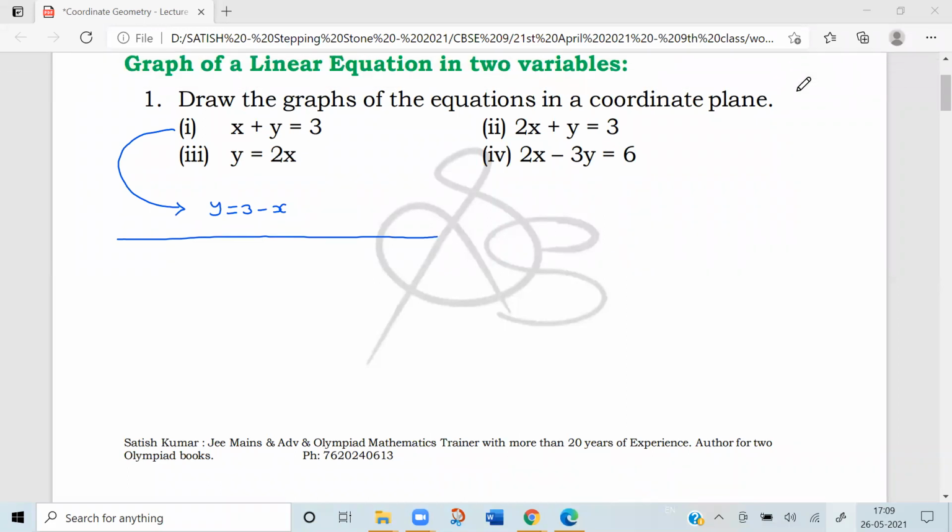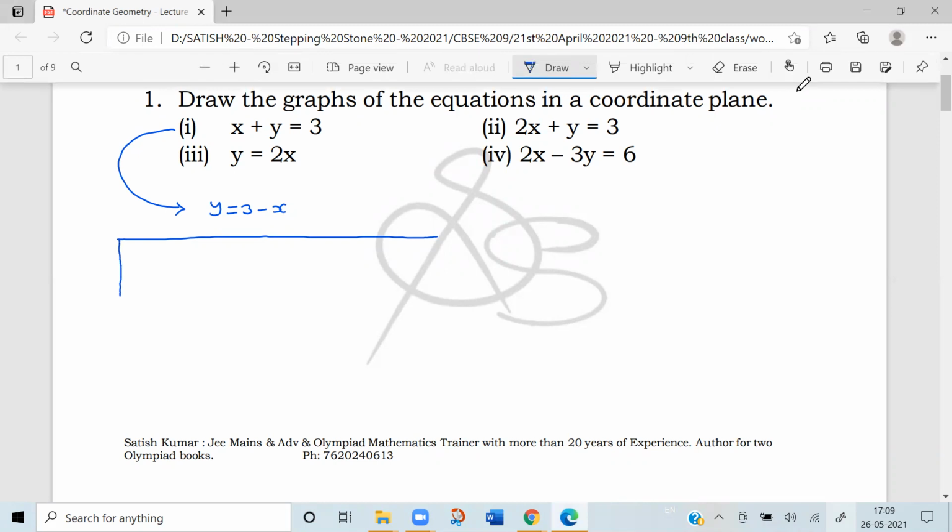So let us make a tabular form for y equal to 3 minus x by giving different values of x, and the corresponding y value. Suppose I take x equal to 0, for the y value?